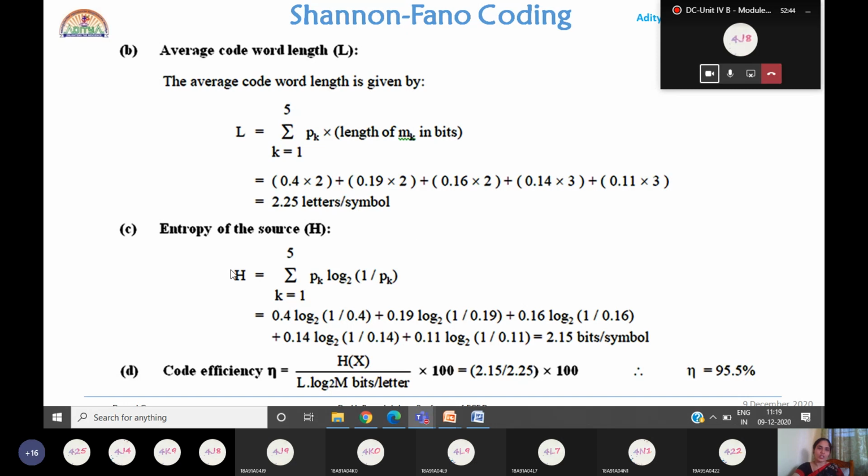Here, which probability are we calculating? Marginal probability, so the probability of the transmitter section. So H is summation k is equal to 1 to 5 p k log 1 by p k base 2.